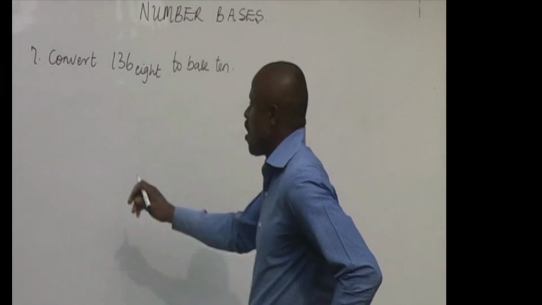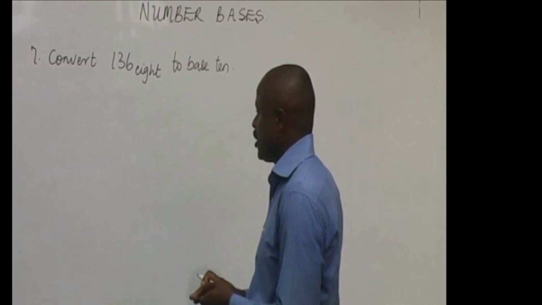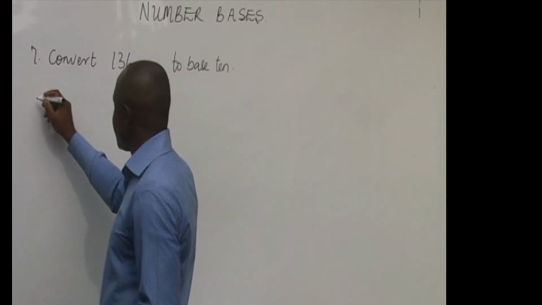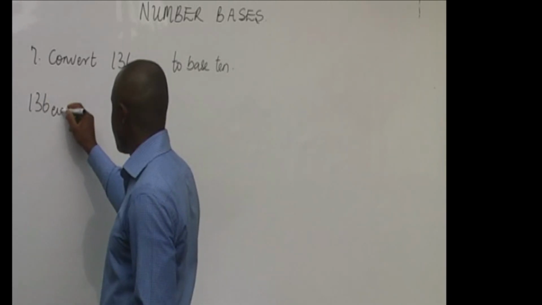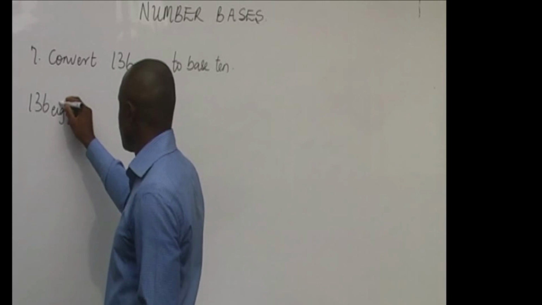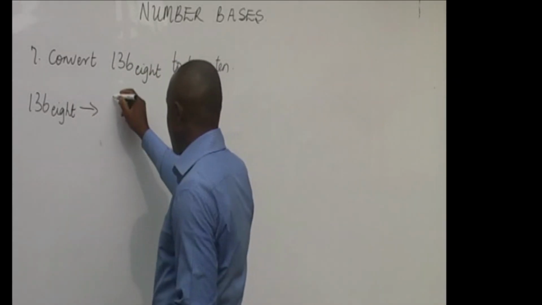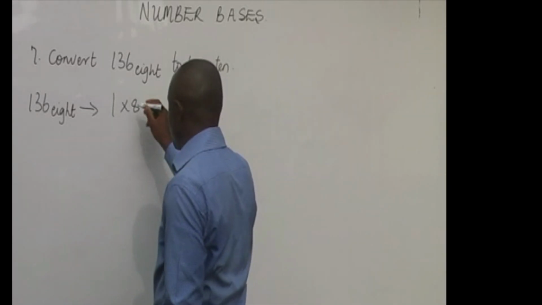This is question number 7. The question said we should convert 136 base 8 to base 10. Just like the previous question number 6, begin to expand this. We'll have 136 base 8. Converting it to base 10, we take this procedure. Take the first digit, which is 1, multiply by the base, which is 8.